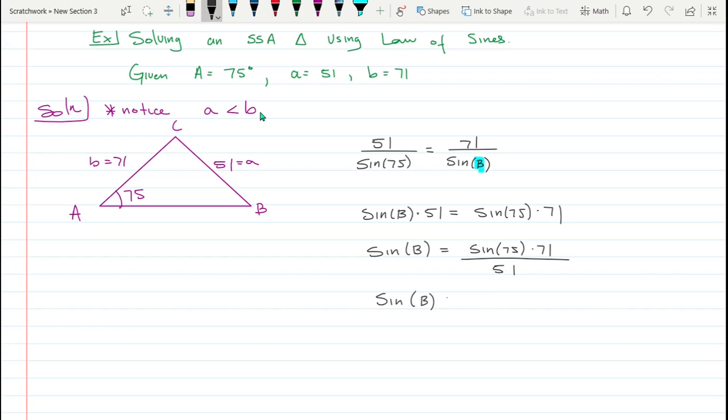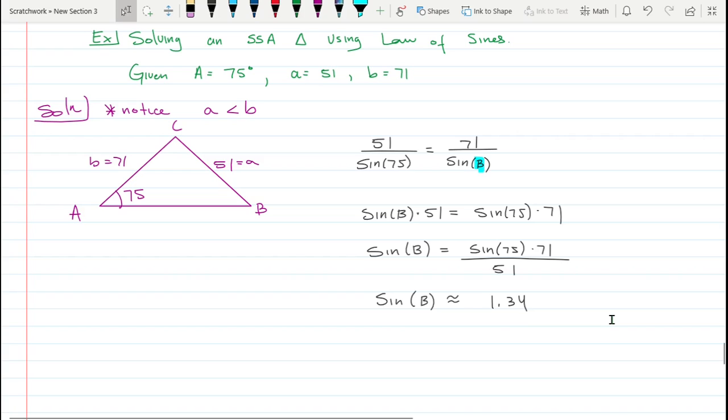So sine of B is equal to what? If we plug it into the calculator, sine of 75 times 71 divided by 51 comes out to be roughly 1.34.